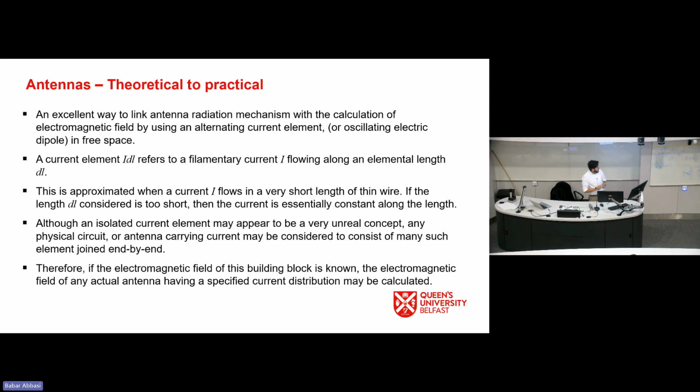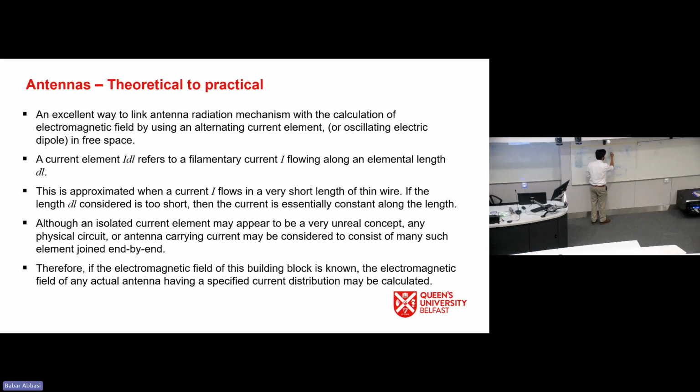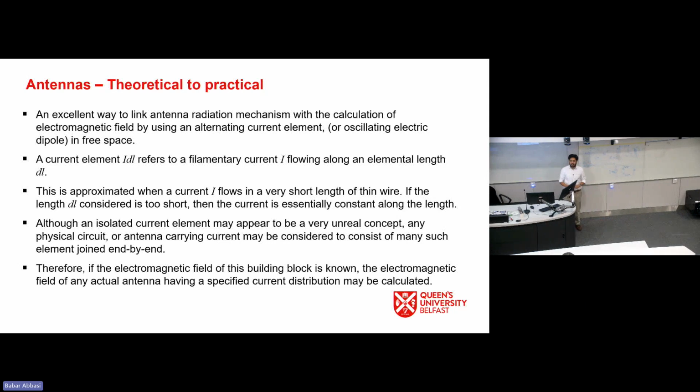So imagine I have a very small metal strip that has positive and negative charge on two sides. This simple arrangement is called a dipole. Di means two, pole means polarities, so positive and negative. This is called a simple dipole.